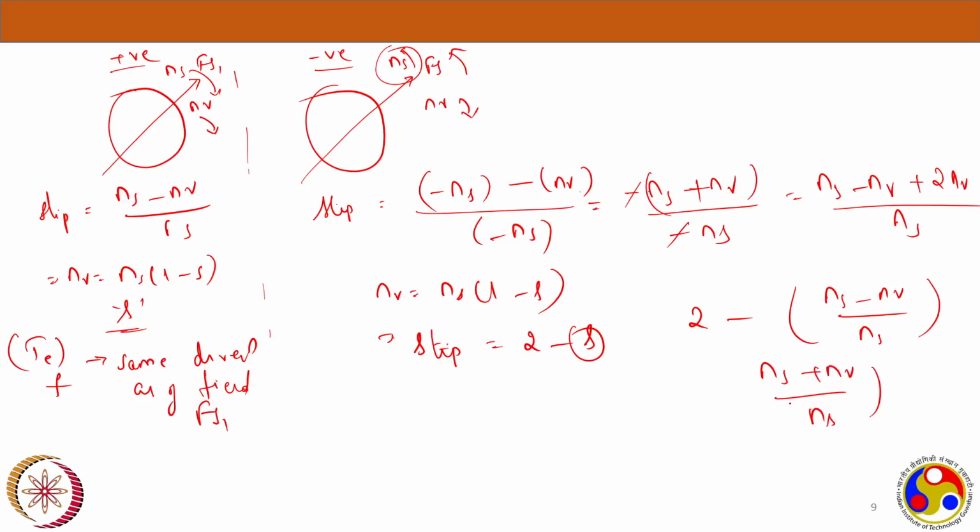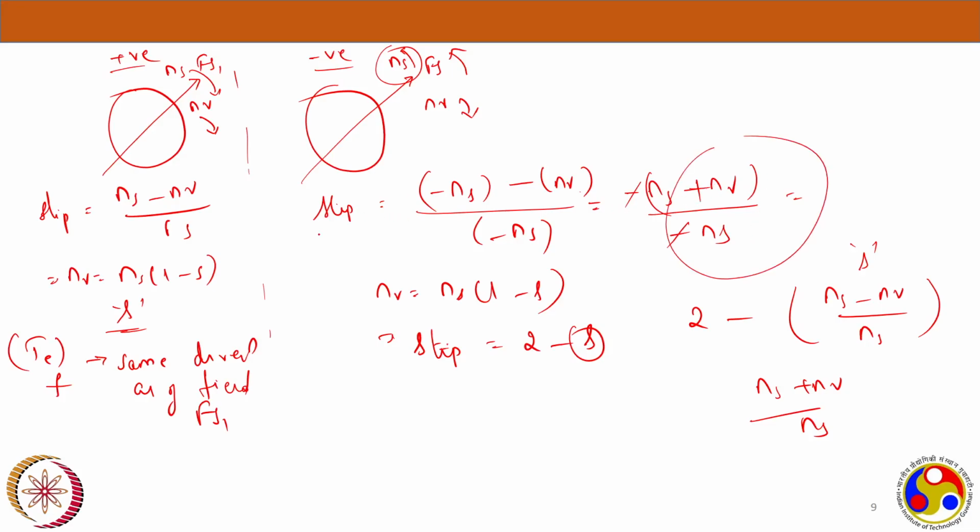Now if you simplify this, you will get 2ns minus ns, that is ns, plus nr by ns, which is exactly this particular slip. So you can replace this slip as 2 minus s. So the slip in the negative sequence analysis would be 2 minus s.